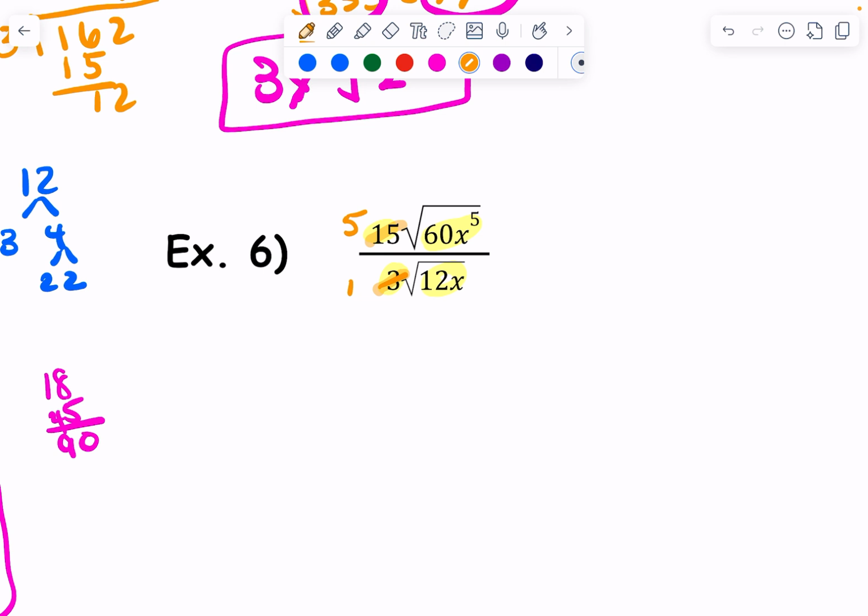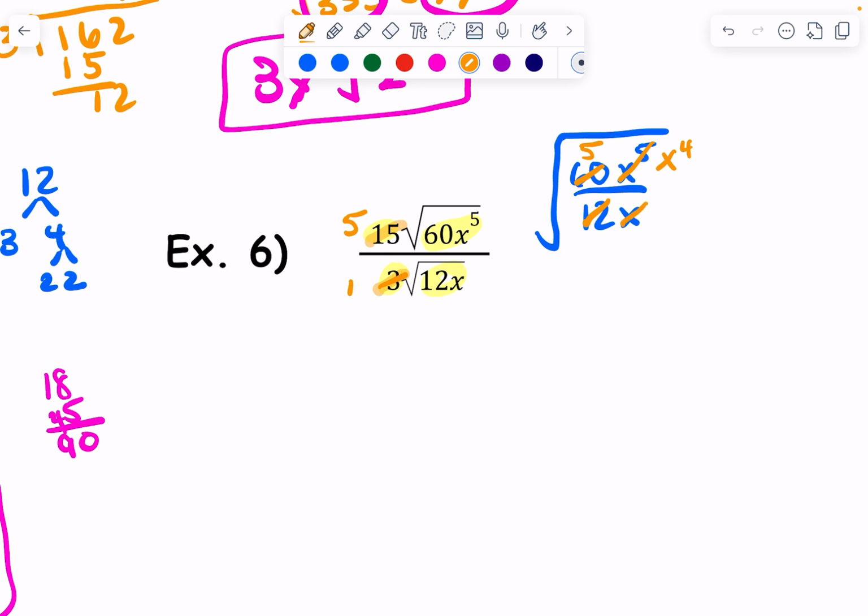I'm just going to pull them out right here. So 60x to the 5th over 12x. That means they can both be put under the same radical. So 60 divided by 12 is going to give me a 5. And then we have more x on the top, so we'll be left with 4x on the top.